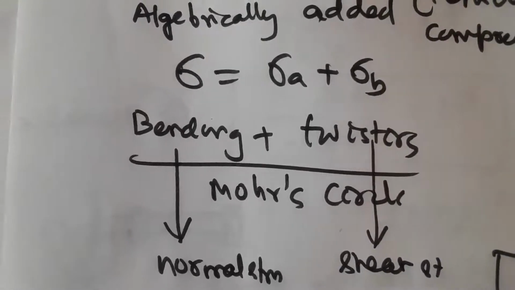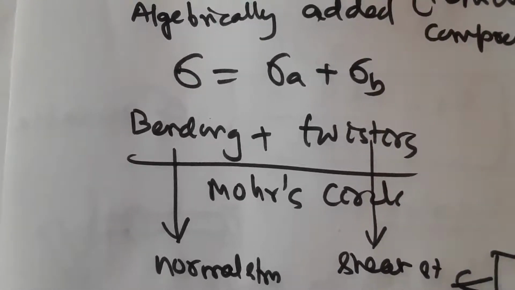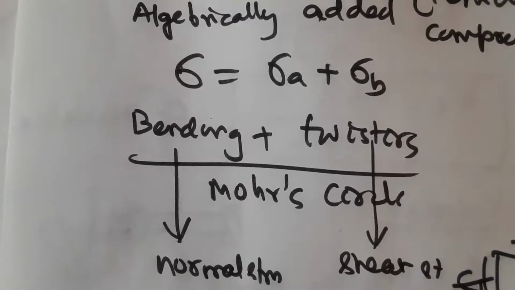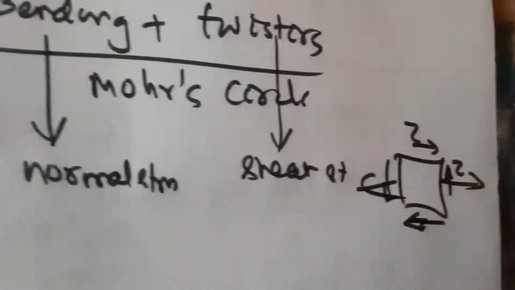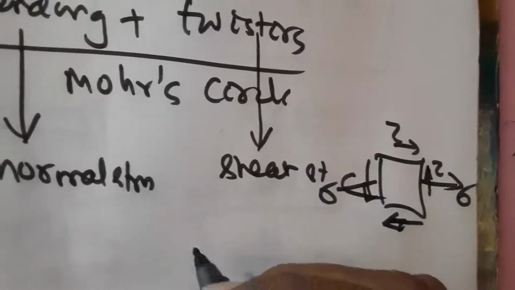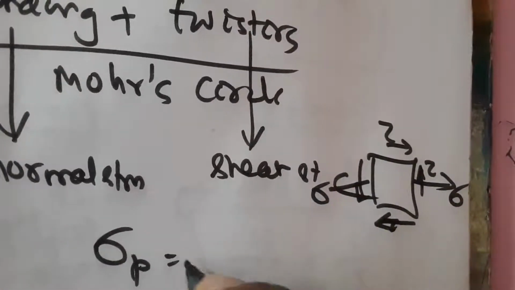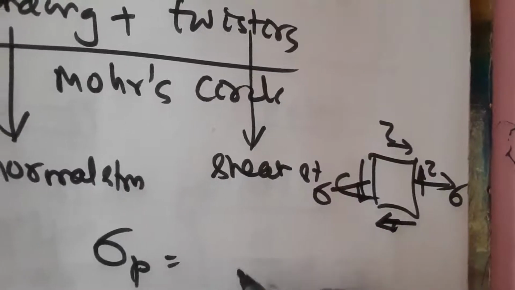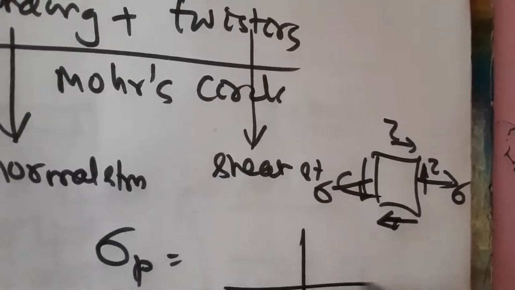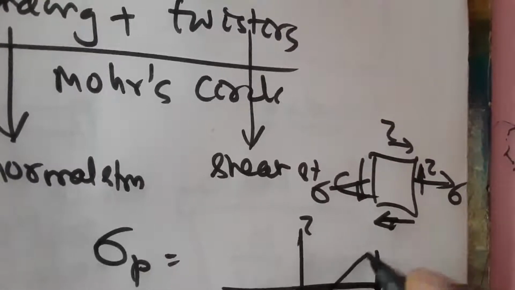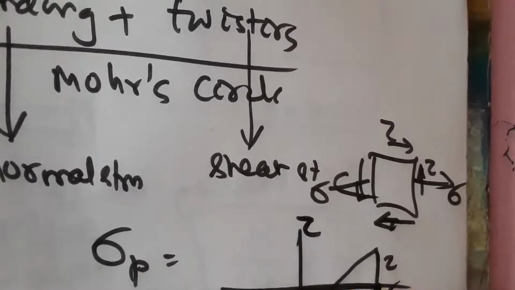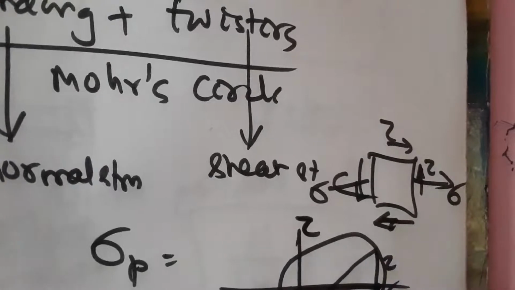And if a component is subjected to normal stress and shear stress like this, how do we find the principal stress? This is the sigma-tau coordinate, and this is the Mohr circle.